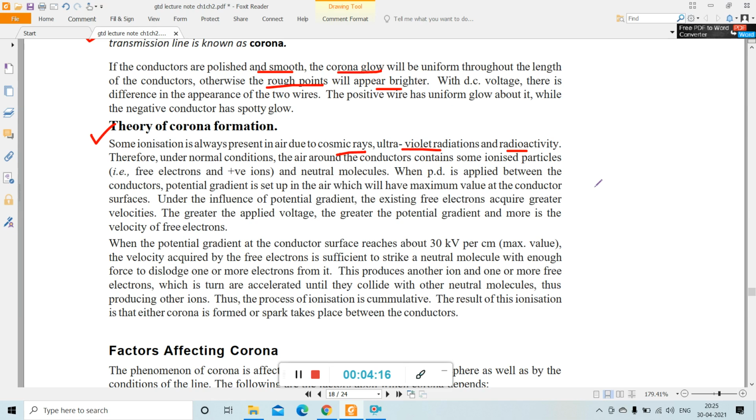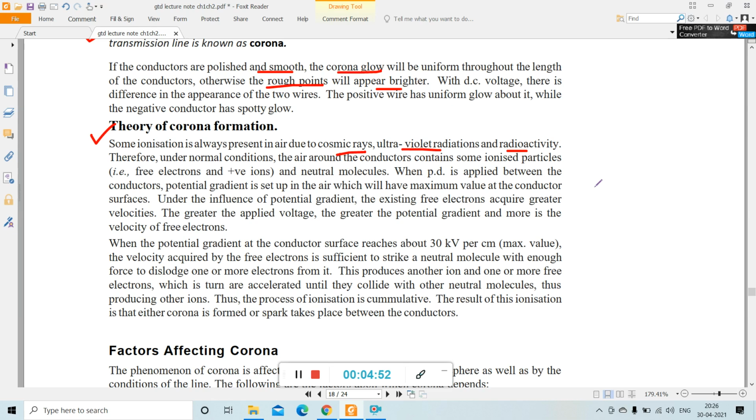The greater the applied voltage, the greater the potential gradient, and the more the velocity of the free electrons. When the potential gradient at the conductor's surface reaches about 30 kV per cm, which is the maximum value, the velocity acquired by the free electron is sufficient to strike a neutral molecule with enough force to dislodge one or more electrons from it.